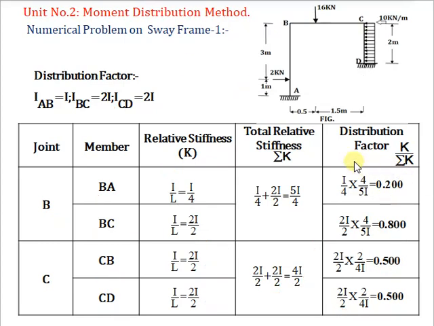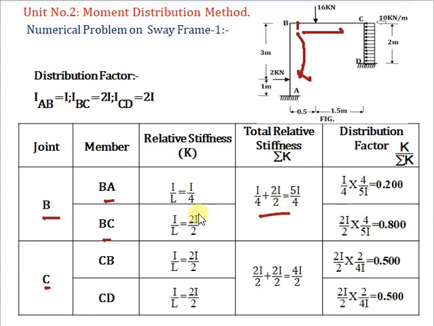Distribution factor calculations. Consider internal joints, joint B and joint C. First is joint B, connecting members to internal joint B are member BA and member BC. So for member BA, the far end is fixed. So relative stiffness is I by L is equal to I upon 4. For member BC, the far end is continuous. So relative stiffness is I by L is equal to 2I by 2.